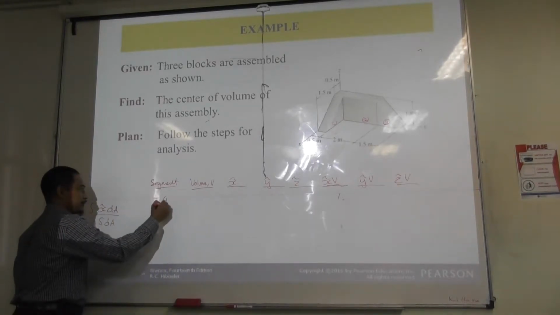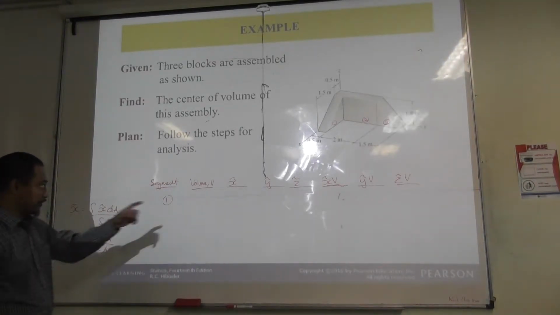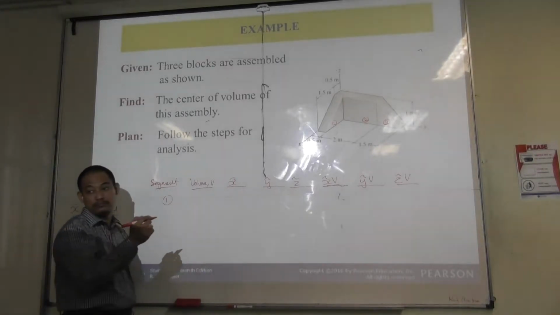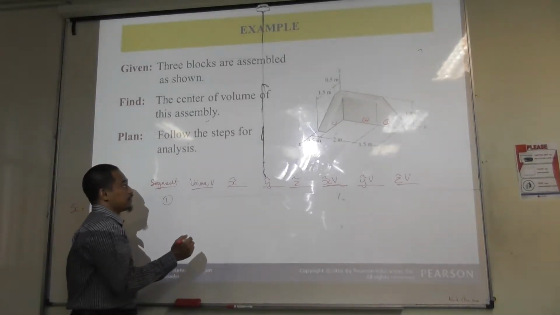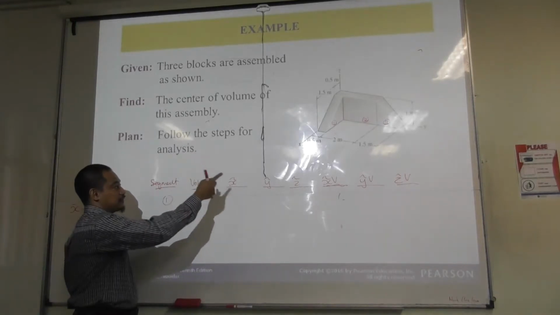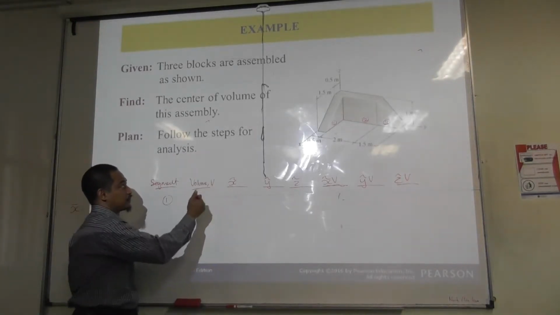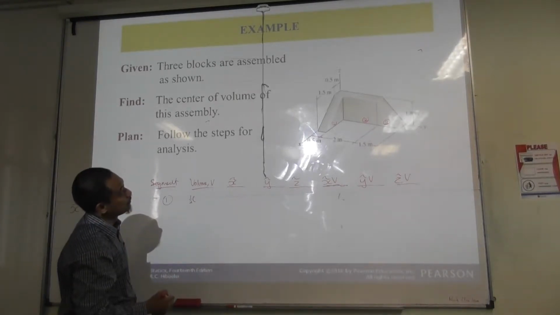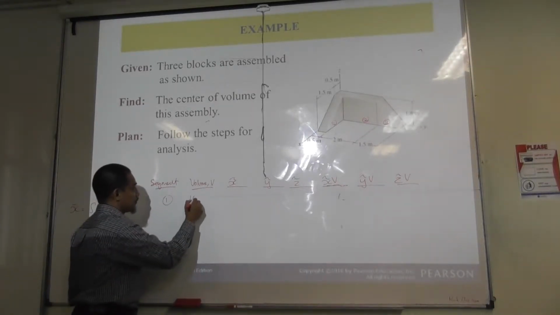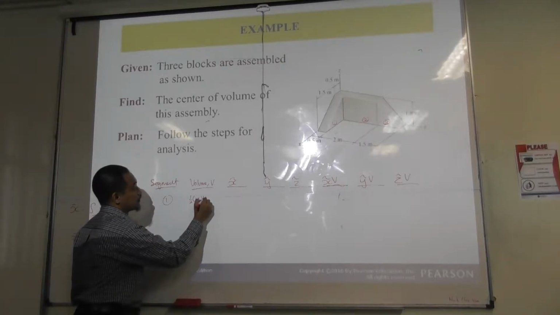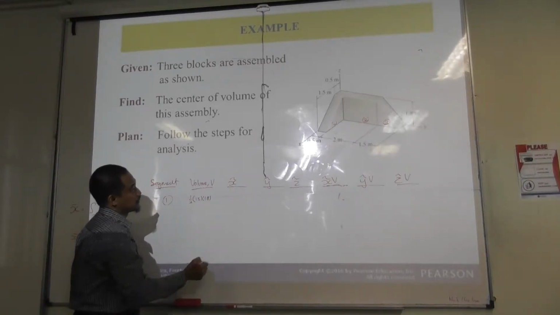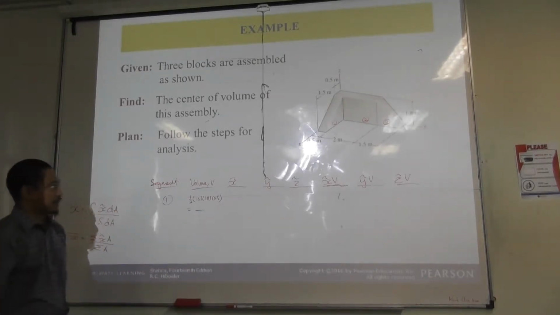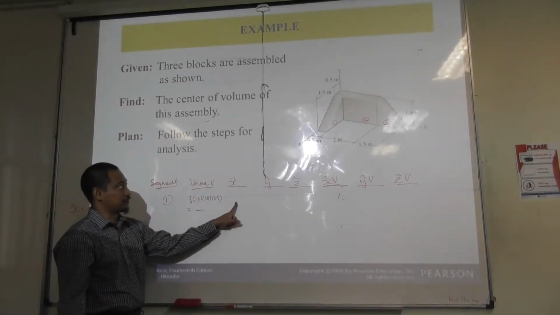For segment 1, the triangular one on that side, what is the volume? How do you calculate the volume? It should be the area of the triangle times the thickness, right? So half times 1.5 times 1.8. The thickness is 0.5. So you should get some value there. What is the x coordinate of the center of this block?